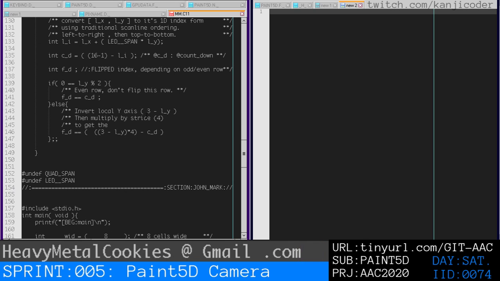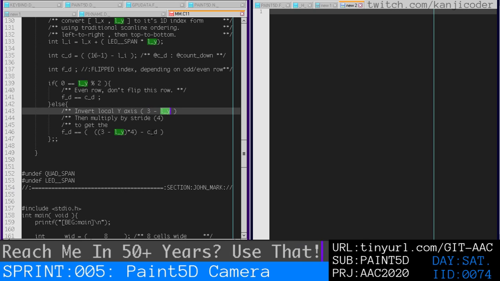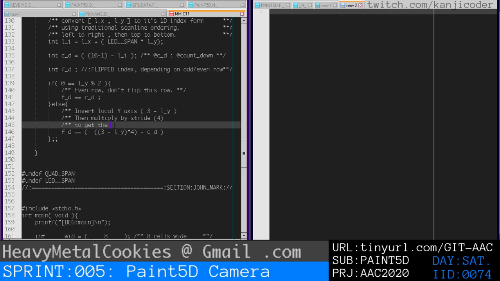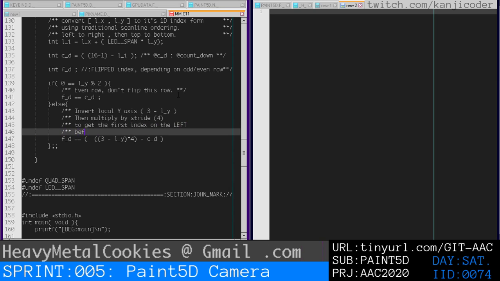So invert local y-axis, 3 minus Ly. Then multiply by stride to get the first index on the left, before any offset.